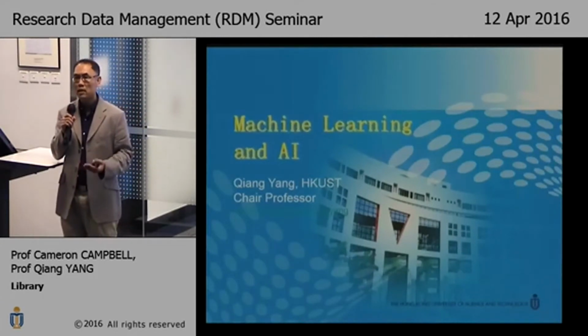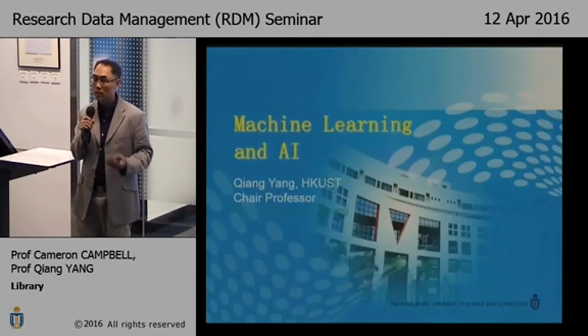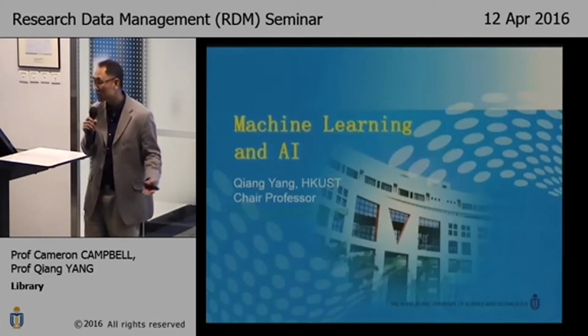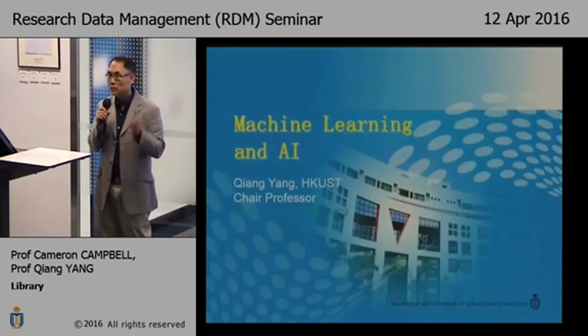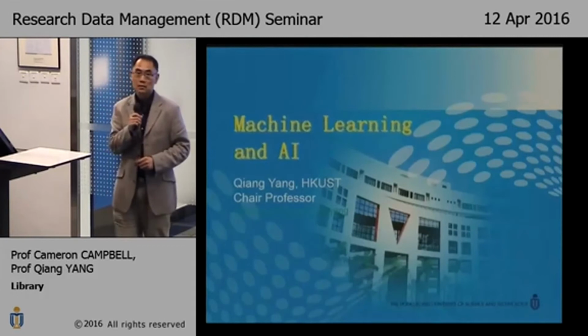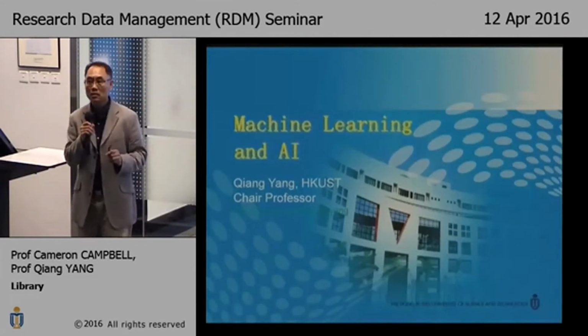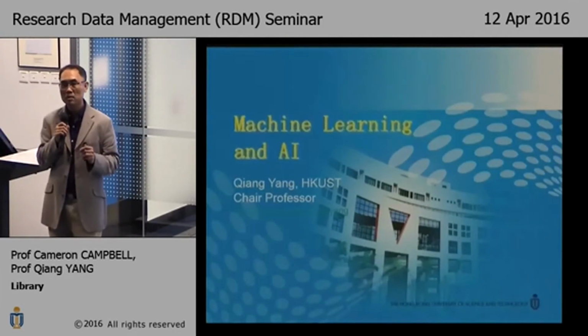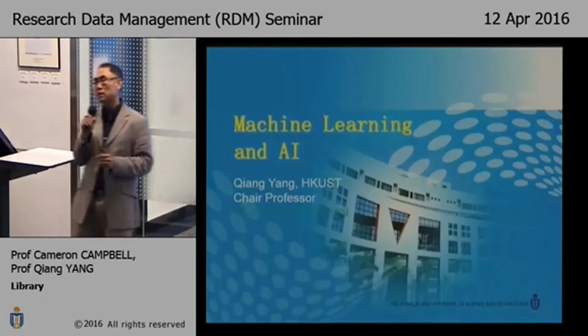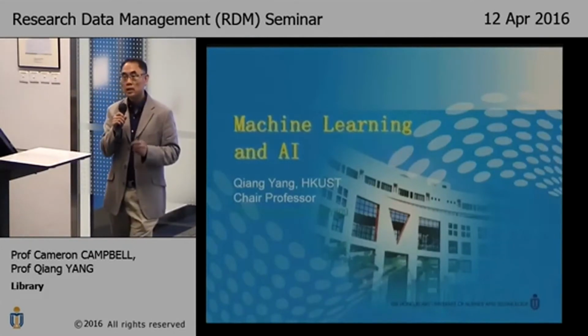Why is AI suddenly hot now? Not yesterday, not 10 years ago, not 20 years ago, but now. A big reason for this, I'm going to tell you, is data. Without data, there's no AI. It's because data is suddenly available in some areas, especially in the areas that we care about.